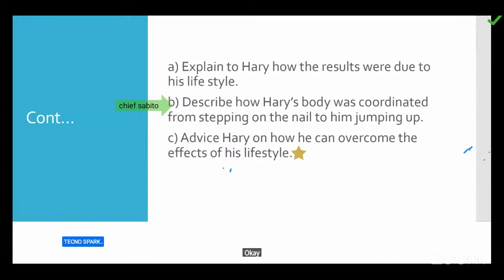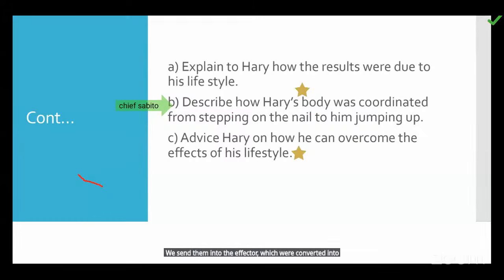Okay, much has been said by the colleague, but at first, we could identify the stimulus, and that is the nail. Then the stimulus was received by the receptors, those are the pain receptors, or the receptor organ, and then converted into impulses.